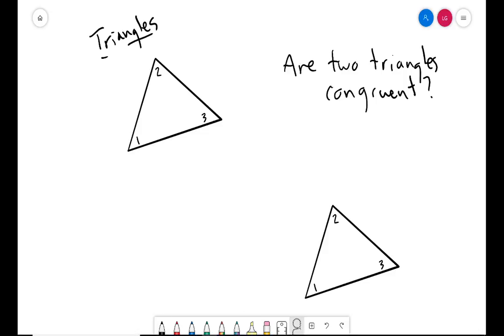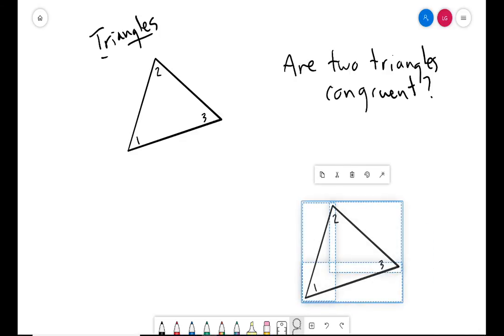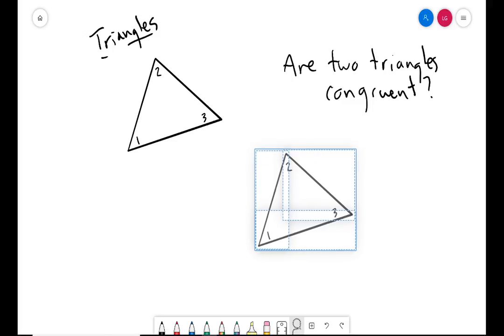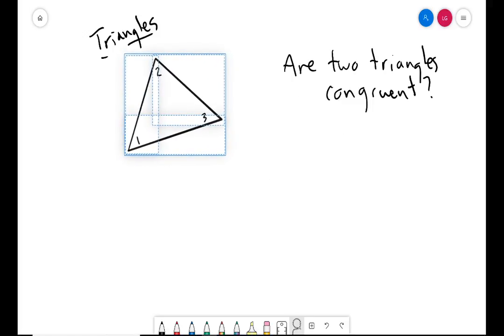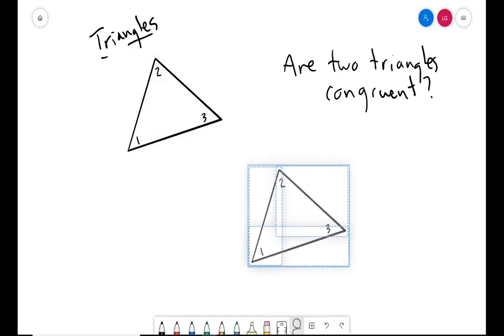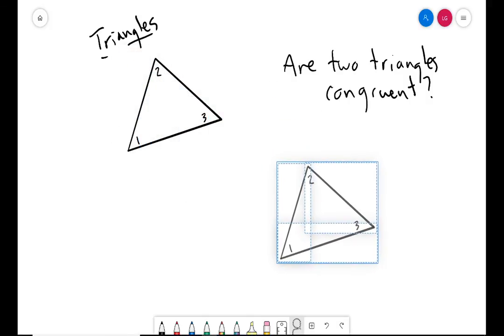So if I were to lift this triangle up, is it possible for me to set it down perfectly so it's literally on top in all ways of that original triangle? Well, these two, yes, obviously the answer is yes, because I made it, it is literally a copy that I could drag away from it.